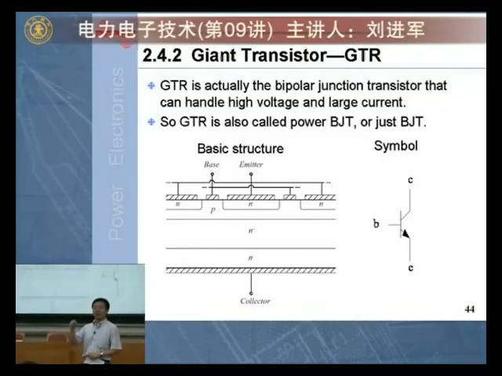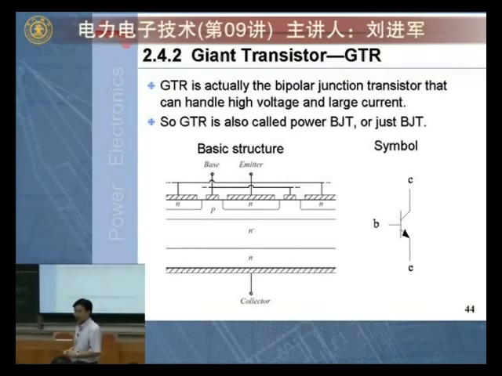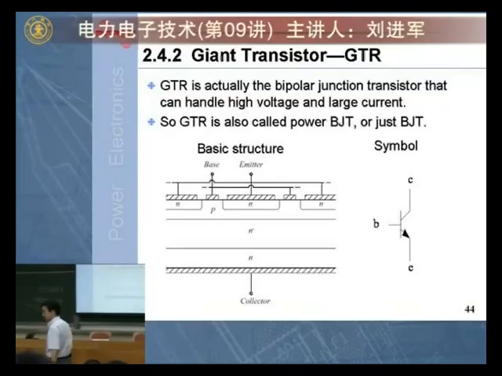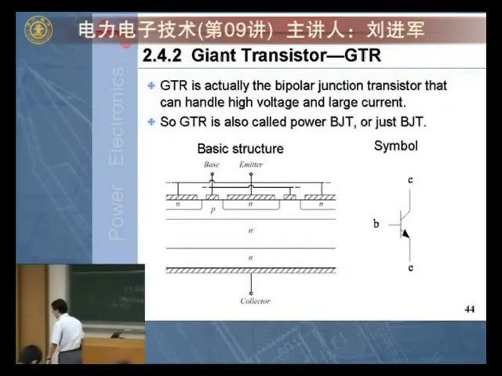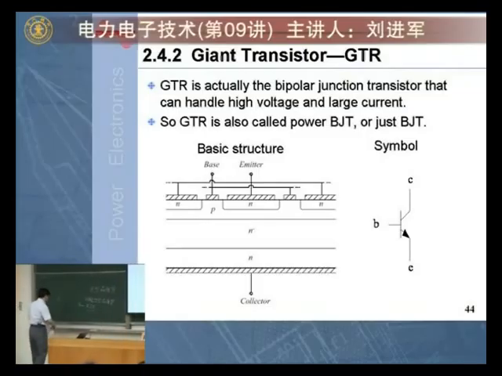N- means the doping, the carrier density, is very low. And therefore this layer is similar to an intrinsic semiconductor. Therefore, it is able to deal with high voltage. So that's a similar thing here, similar to the power diode.